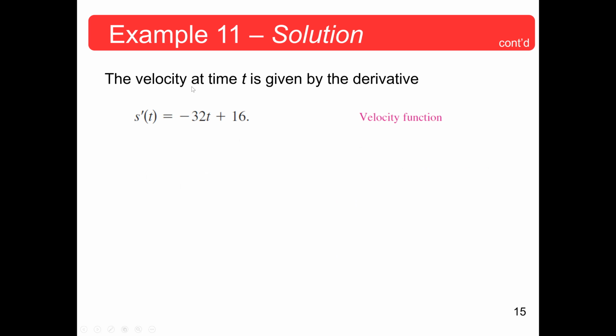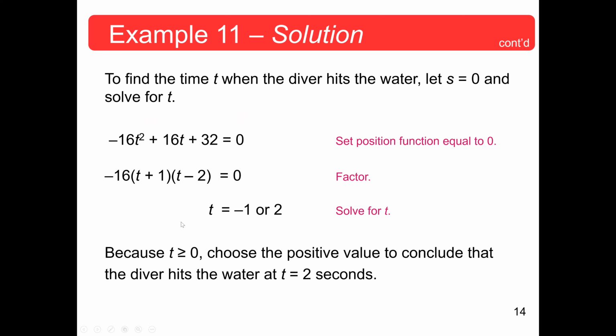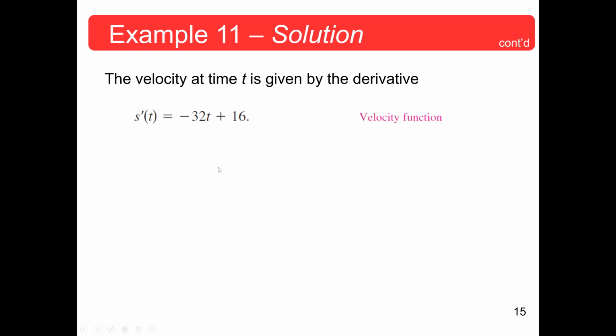Now, the velocity at time t is given by the derivative of the formula. We take the derivative of s of t and get negative 32t plus 16. The derivative of 32, a constant value, is 0.